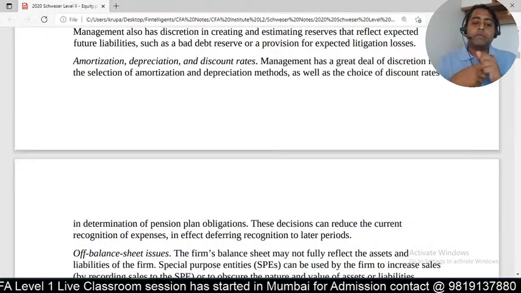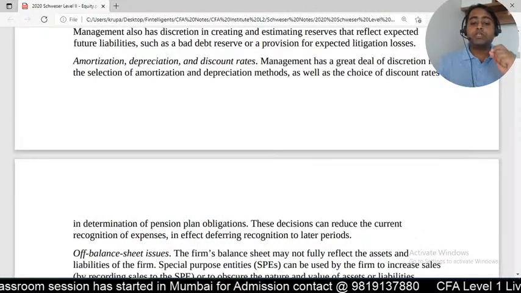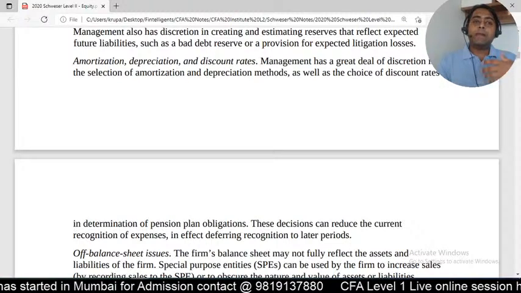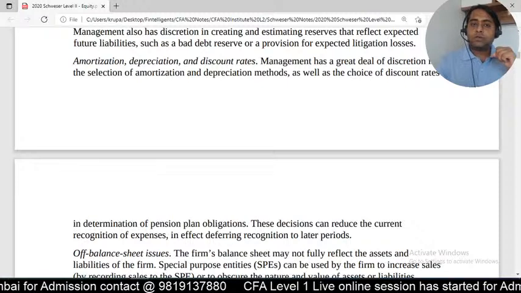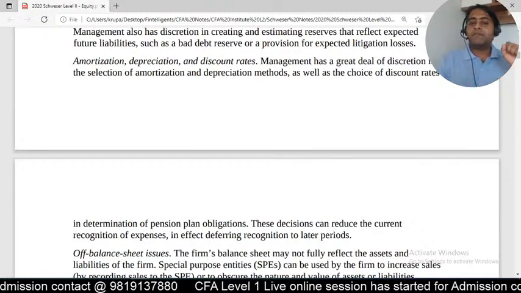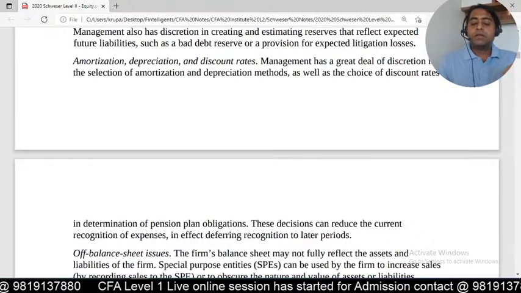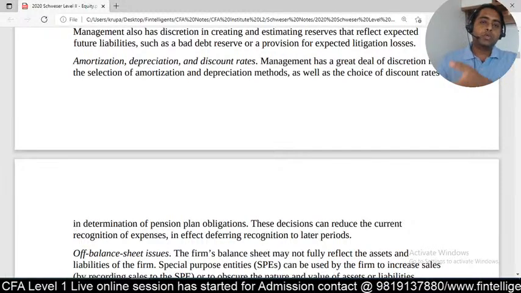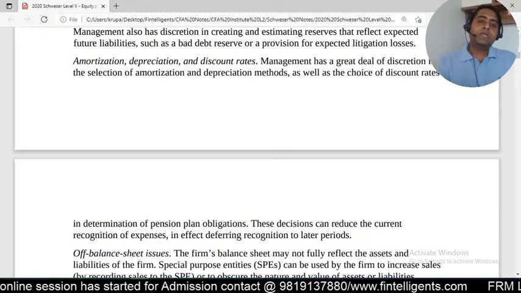Discount rate. Now over here they have given an example of pension plan obligation. Now what is a pension plan obligation? Suppose you are providing pension services or a pension fund to your employees. If it's a defined benefit plan, it means the present value of all the pension payments that you might have to pay after 10 years, 15 years is taken into account, along with the market value of the invested amount.